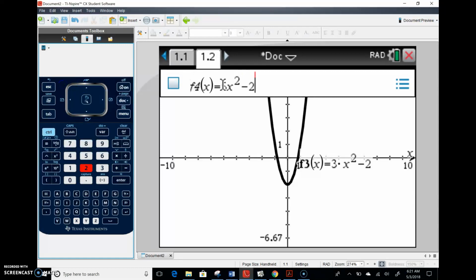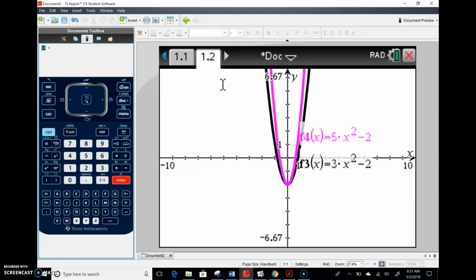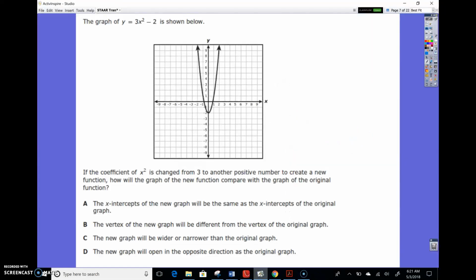All I did was change it to another positive number. You can see it became more narrow, right? So let's look at our answer. The x-intercept of the new graph will be the same as the x-intercept of the original graph.